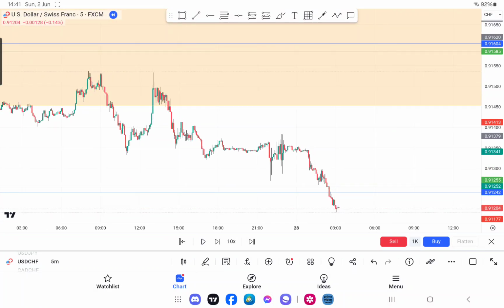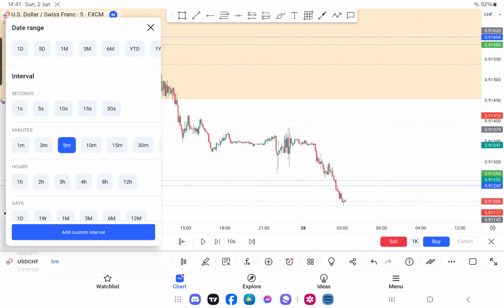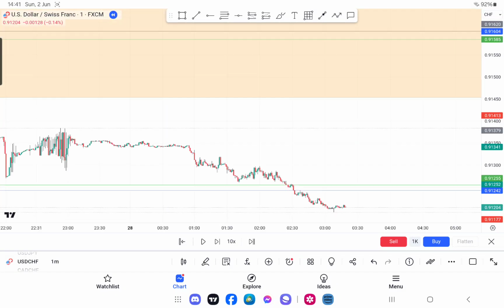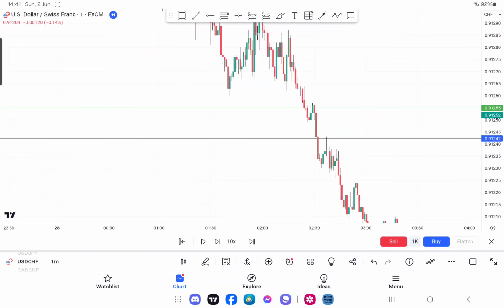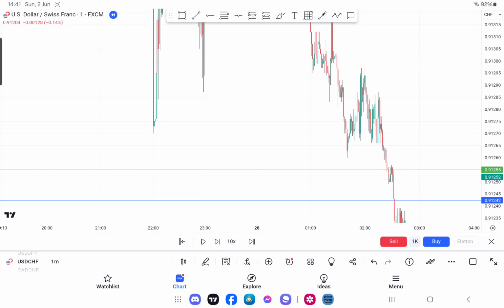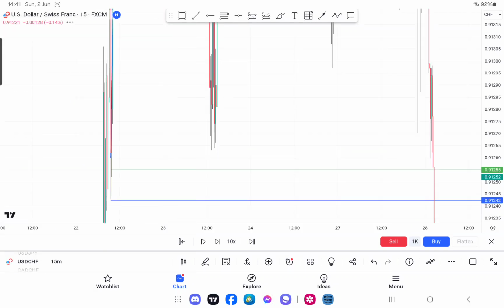And there we go. The 1 minute would have definitely closed below. So as you can see, 1 minute closed below the green line. That was a structure low. I will just drop to the 15.